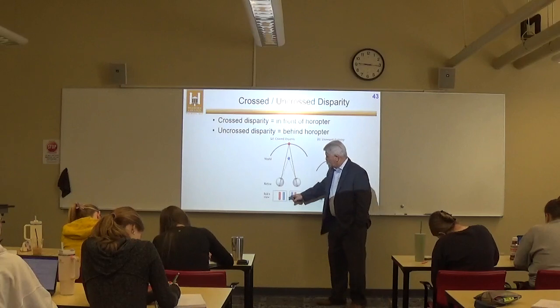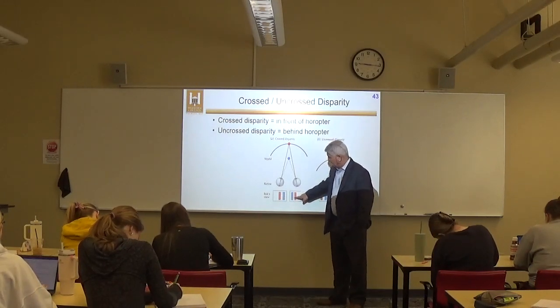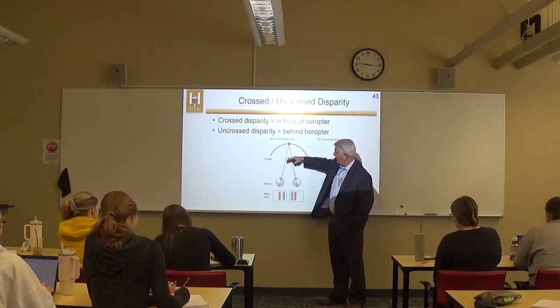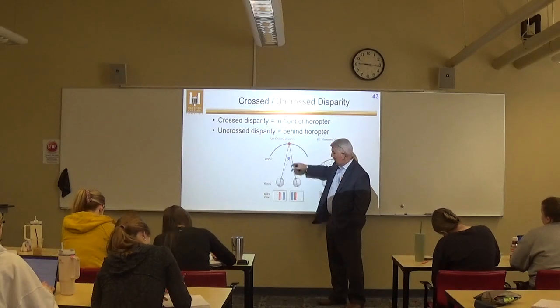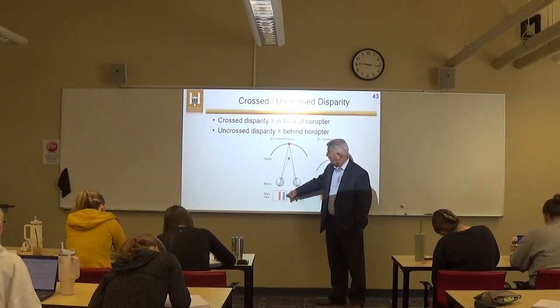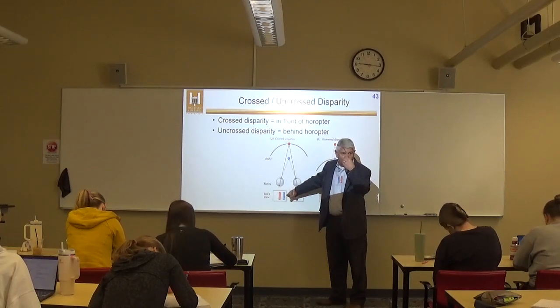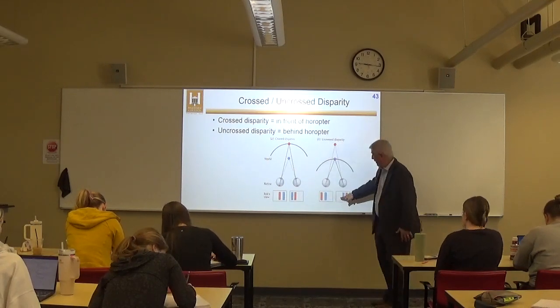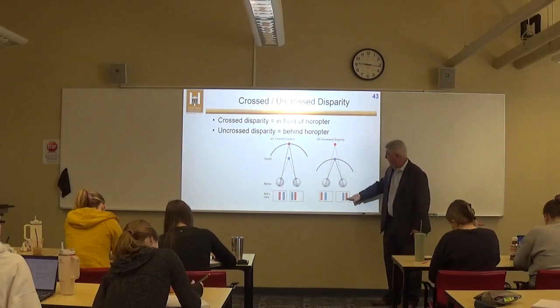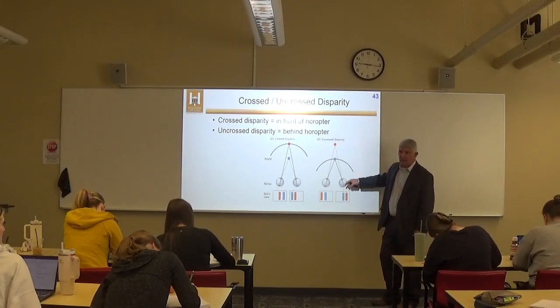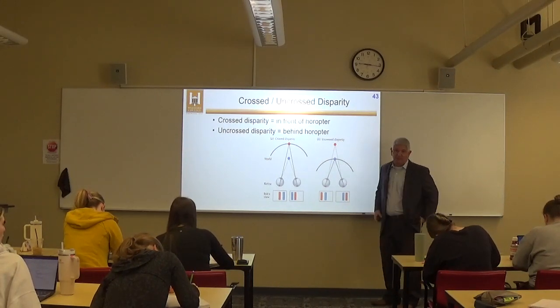So the distance here, right, is telling us how far away I am, but whether the image is crossed, meaning on the inside parts, or uncrossed on the outside parts, right, it's going to tell us if it's closer or further away from our horopter.